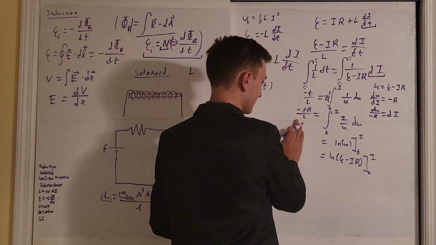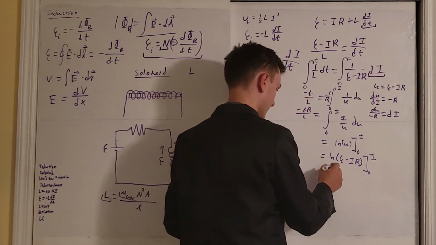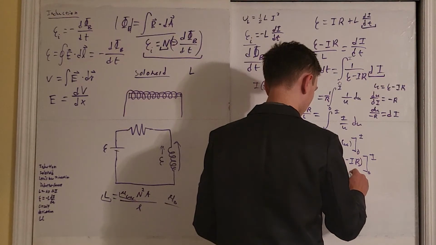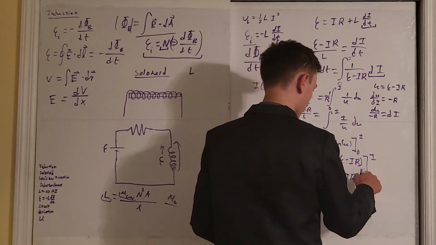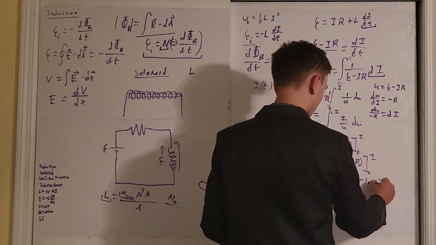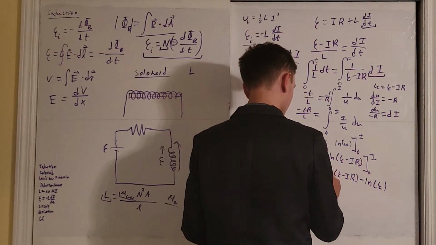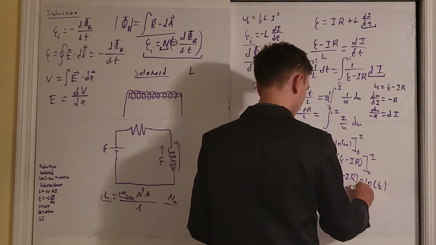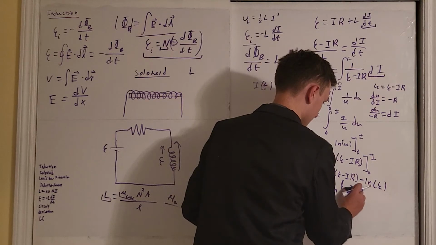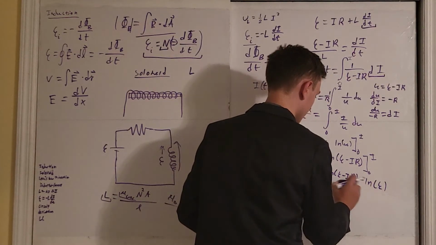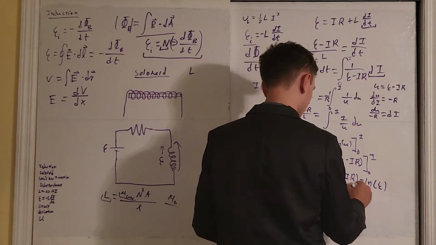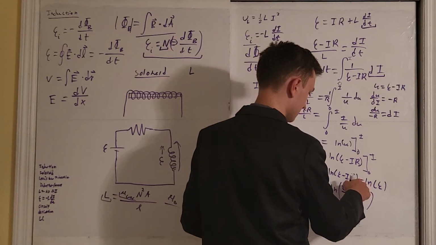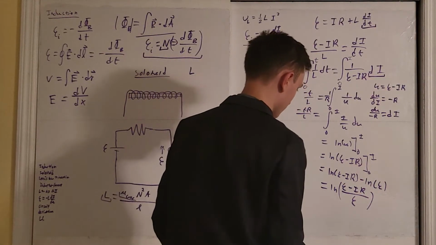So let's not forget about this side of the equation right here as we do our evaluation. That's going to be the natural log of epsilon minus IR minus the natural log of, if I plug in 0, I'm just going to get the natural log of epsilon, which if we do our log rules is going to equal the natural log of epsilon minus IR divided by epsilon, because subtraction can be converted to division in natural logarithms.